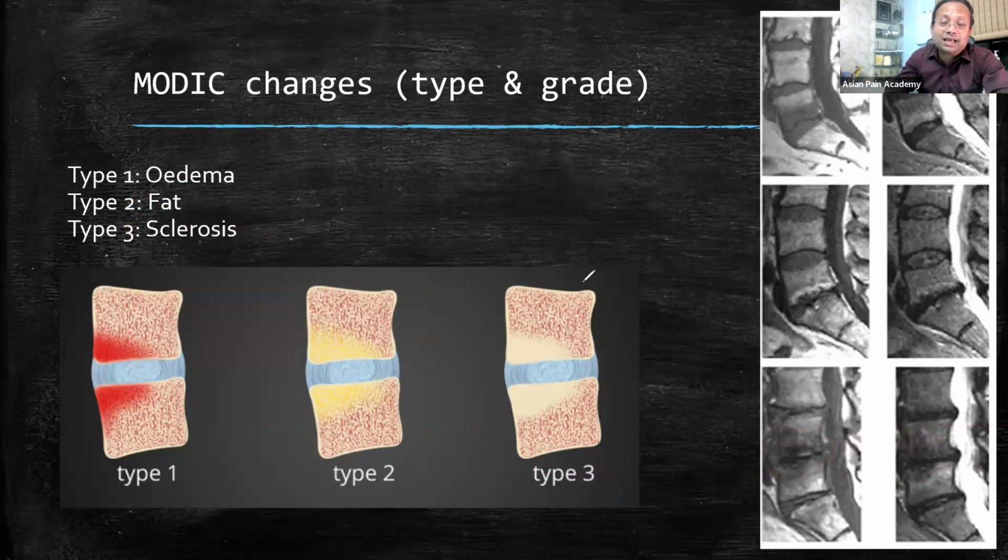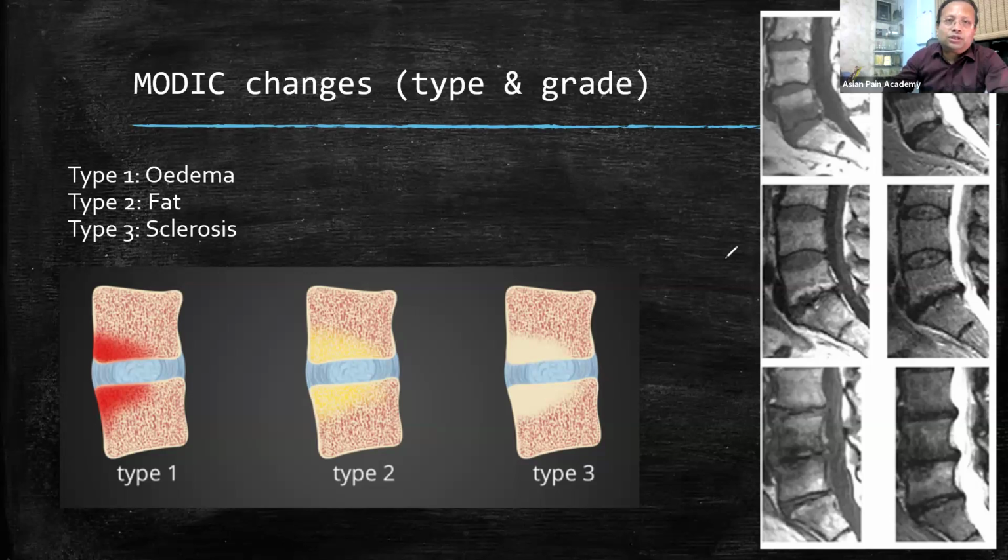So either they should both be white, or the same area in T1 and T2 should both be black. No problem. But if one side is black in T1 and the right side is white, then you have to think of edema, and edema can be infectious in some cases. So you have to think about that.